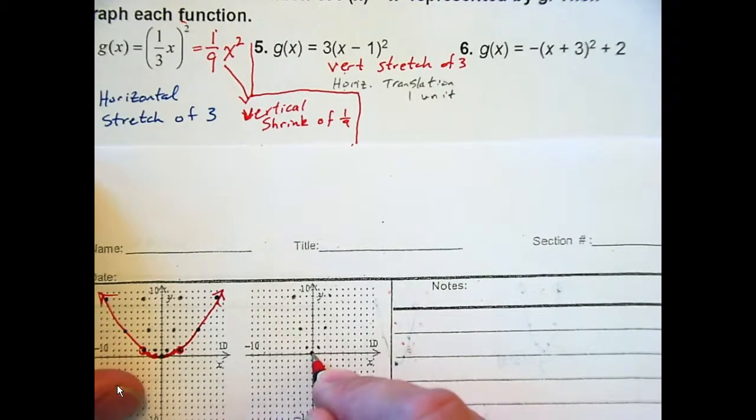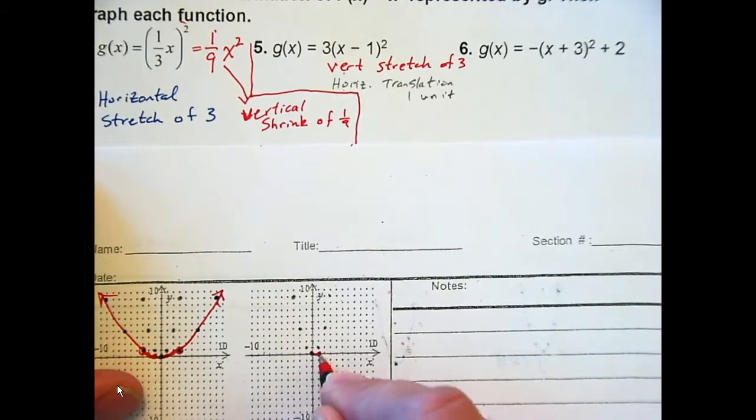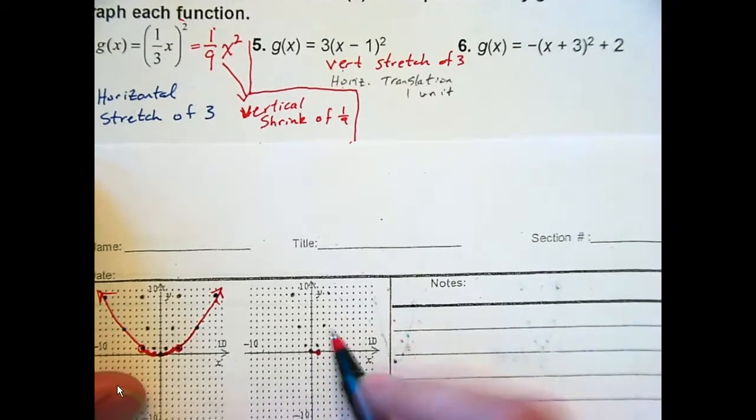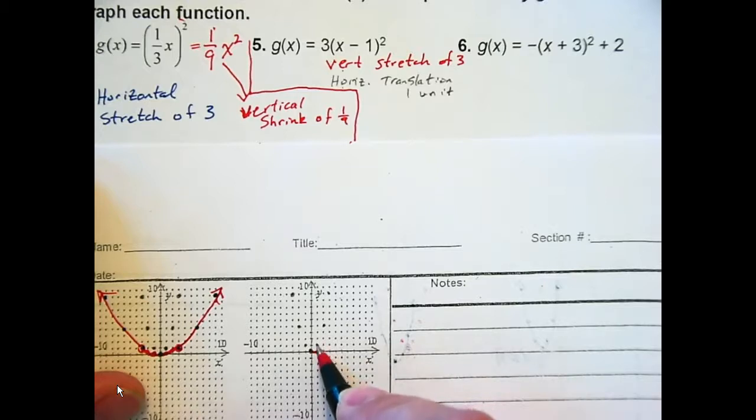But then I have to move it over 1 unit. Here I'm 1 unit from the x-axis. If I stretch it by 3, I have to multiply it by 1 times 3 is 3, which means now I'm 3 units away and move it over 1.